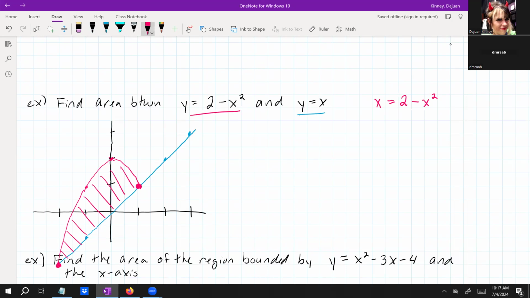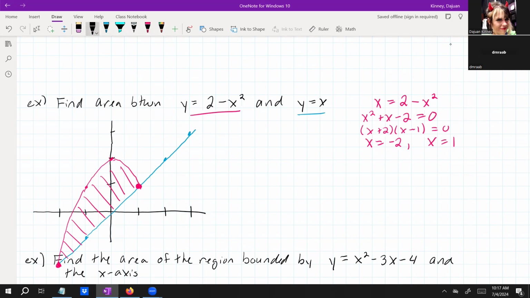So bring everything over. I get x squared plus x minus 2 equals 0. Factor: x plus 2, x minus 1. Get -2 and 1. And hey, that looks like exactly what my graph told me it should be. So those are my limits of integration.